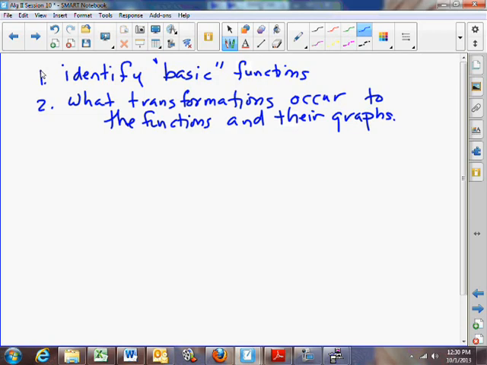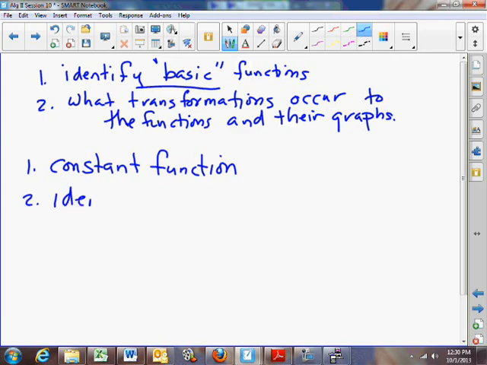So let's start with four basic functions. What we're going to do today is define four basic functions. One, a constant function. We're going to define an identity function.